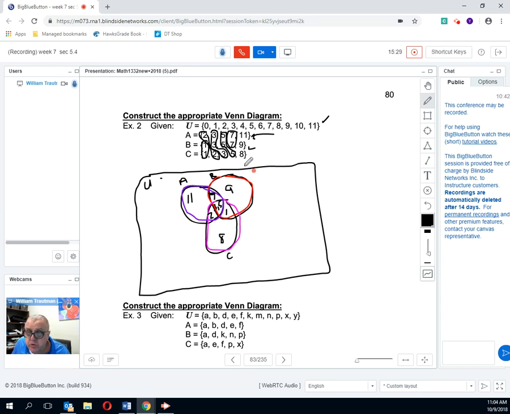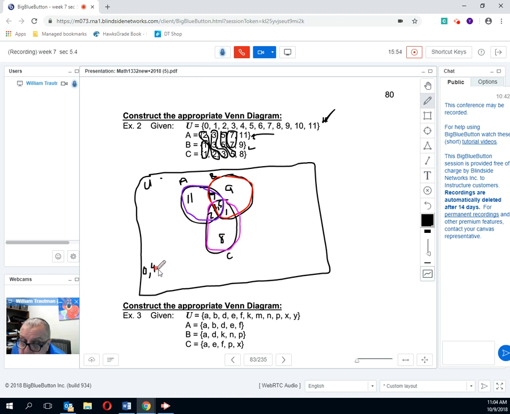Now we used 1, 2, 3, 5, 7, 8, 9. We're missing a 4. We're missing a 0. There's no 0. Look at the universal set. Should have a 0. We have 1, 2, 3. We're missing a 4, 5.